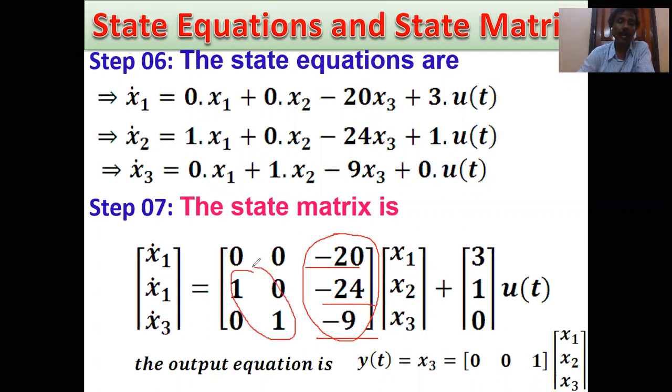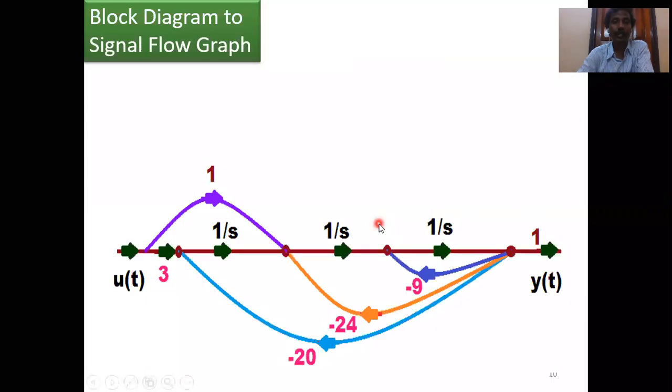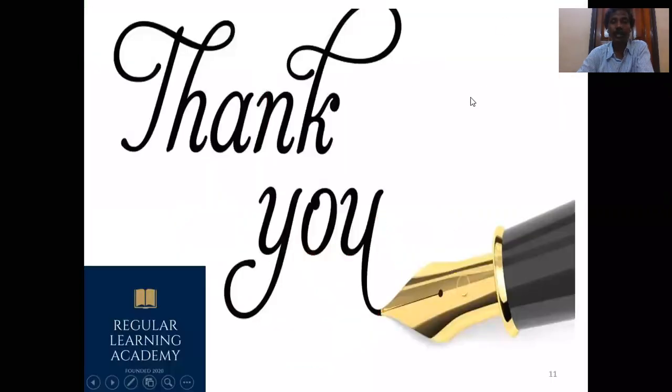So this type of matrix is called the second companion form or observable canonical form. This is the observable canonical form matrix. This is already discussed. Thank you.